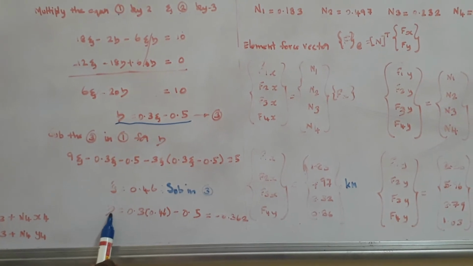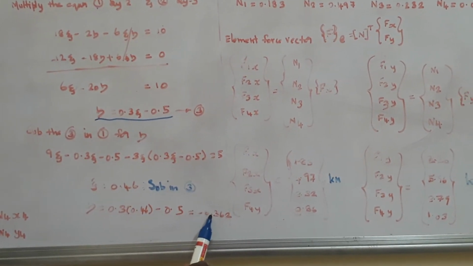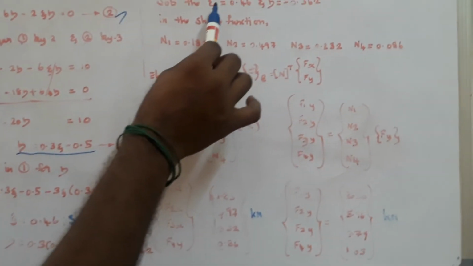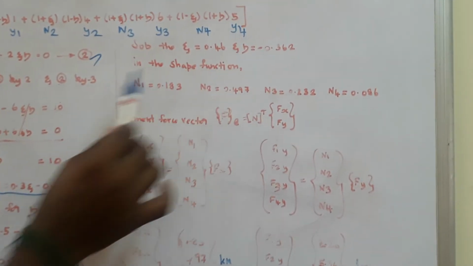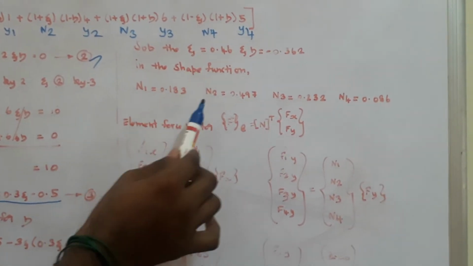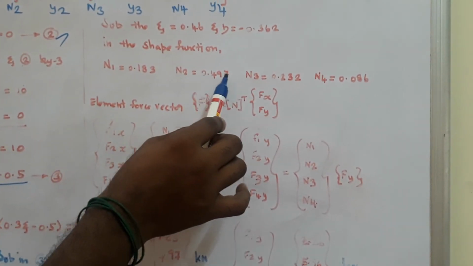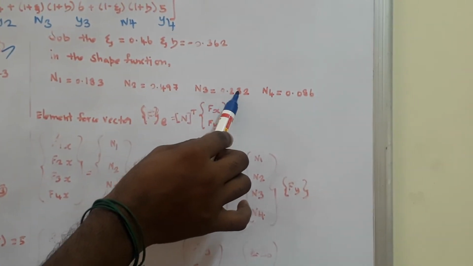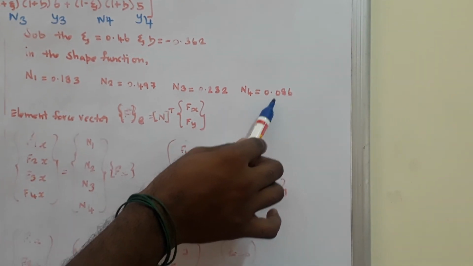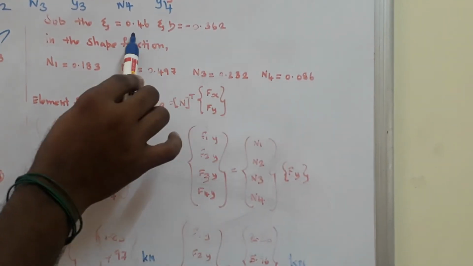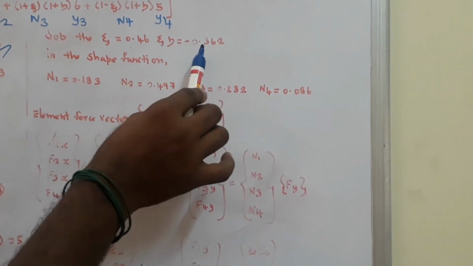Then we get the eta value as minus 0.362, and then we need to substitute the epsilon and eta values in the corresponding shape functions. If we substitute, we get N1 equal to 0.183, N2 equal to 0.497, N3 equal to 0.232, N4 equal to 0.087 after substituting the epsilon and eta values.